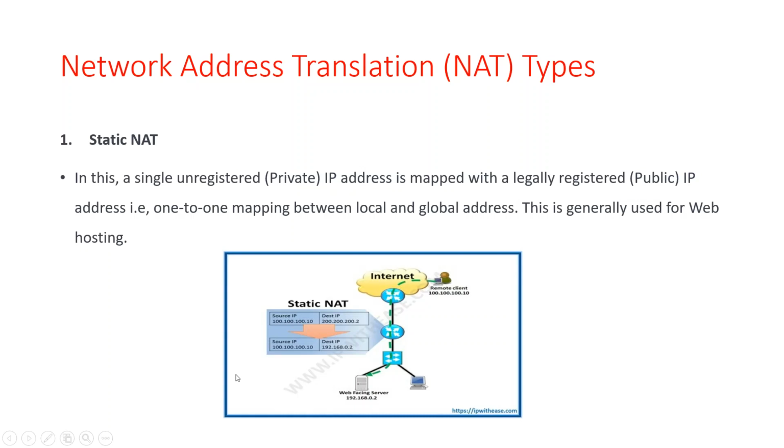The web server has a private IP 192.168.0.2, and for outside users this web server IP is 200.200.200.2, which translates to 192.168.0.2 when a request from a user hits the router and enters the LAN. So this is static network address translation.